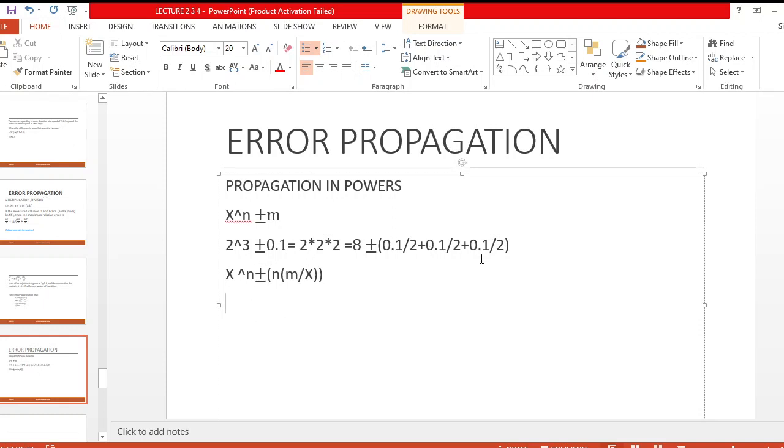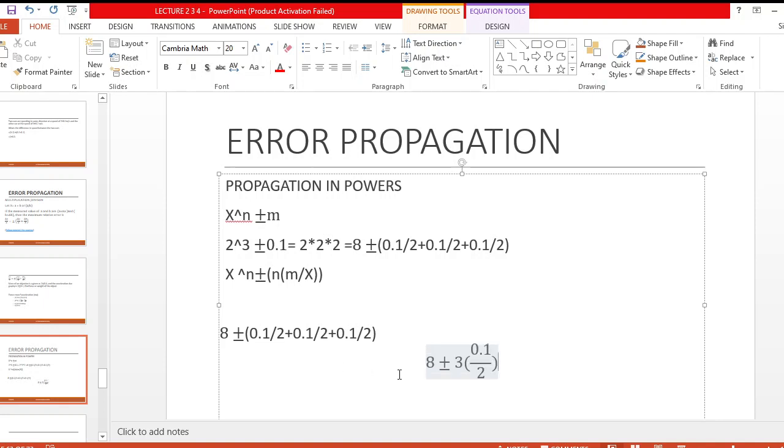Now if you simplify the above fraction, if I take this and paste it here, you see that this 0.1 over 2 plus 0.1 over 2 plus 0.1 over 2, when you factorize the 0.1 over 2, you see that there are 3 0.1s, so I will factorize plus or minus 3 times 0.1 over 2.